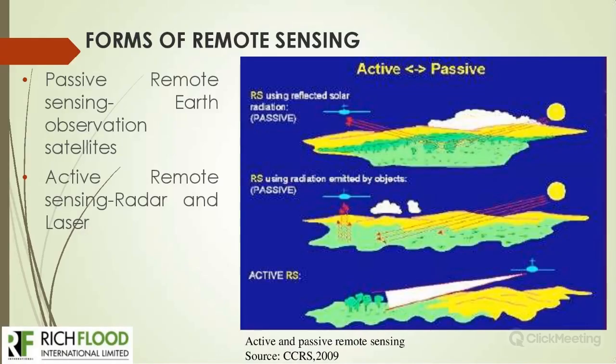That is the diagram I was trying to explain about active and passive remote sensing. Looking at the diagram, the first diagram on the top is trying to explain the passive remote sensing system. In the diagram, the remote sensing sensor depends on the sunlight, which emits the electromagnetic energy.